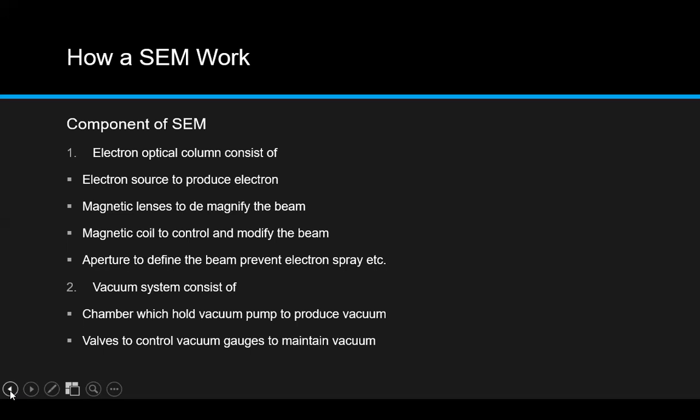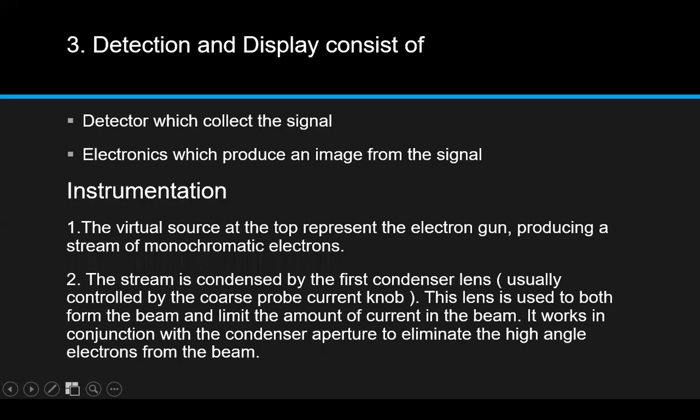The vacuum system consists of the chamber which holds the vacuum, the pump to produce the vacuum, and the valves and gauges to control and maintain the vacuum. The last one is the detection and display, which consists of the detector which collects the signal, and the electronics which produce the image from the signal.